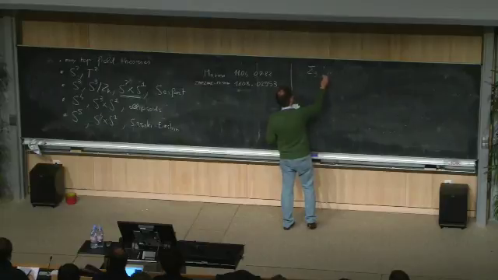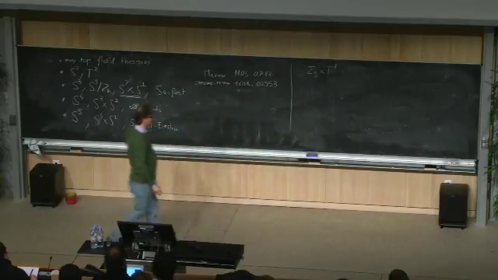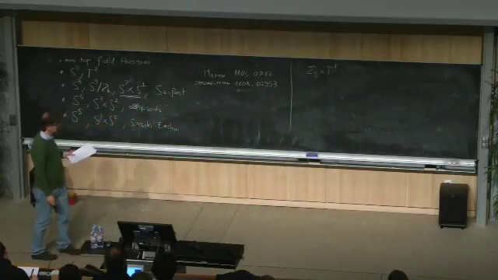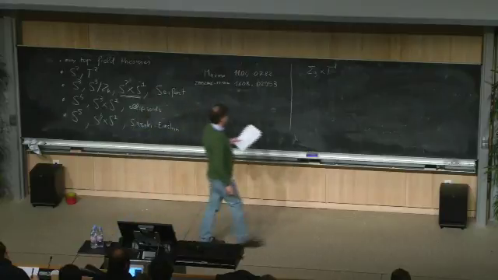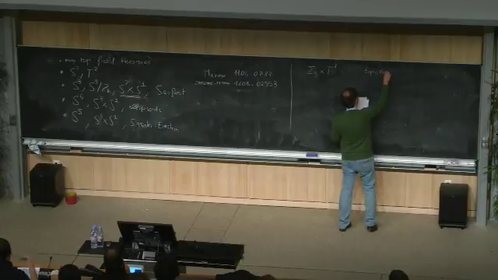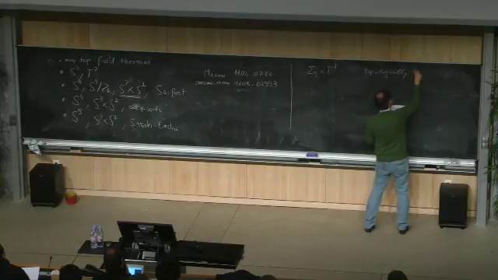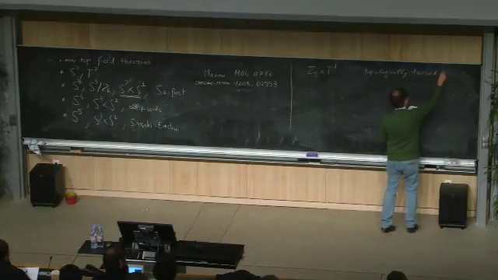The most general one that I can define with this method is a partition function on a Riemann surface times a torus, and I will call this in general, and I'll explain why later, the topologically twisted index.